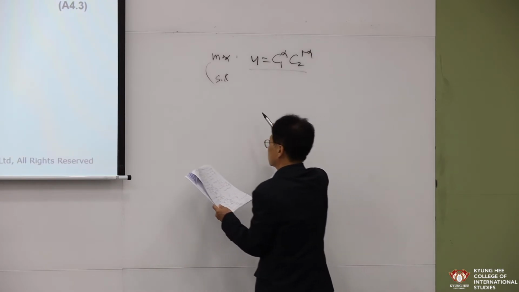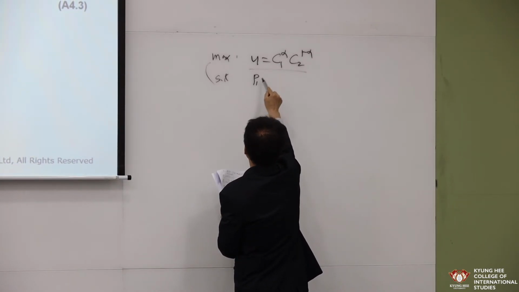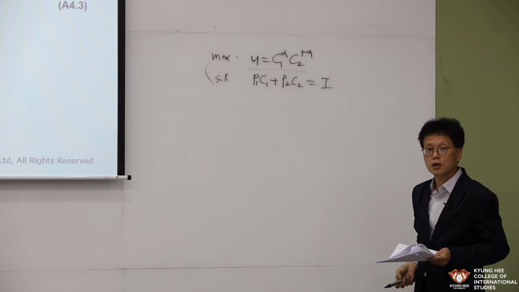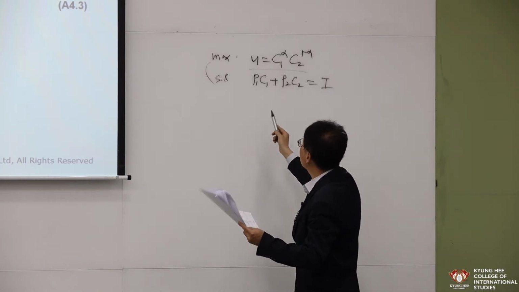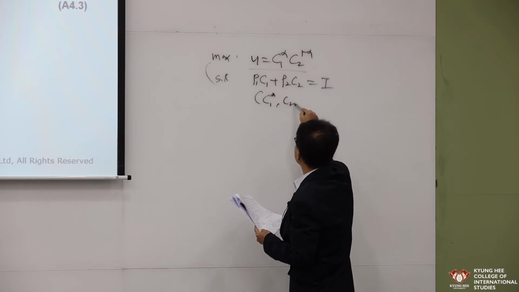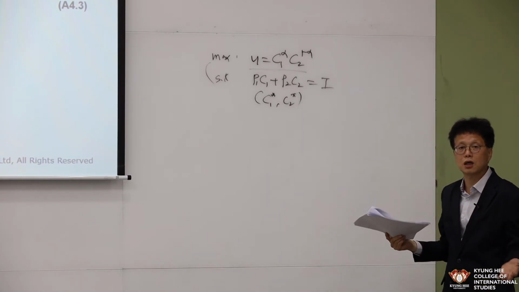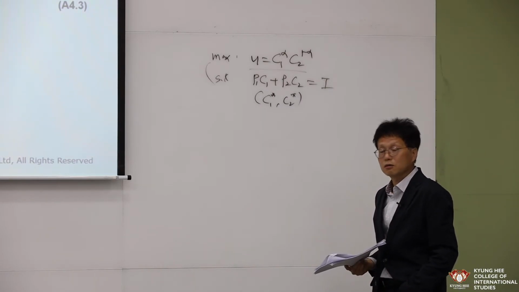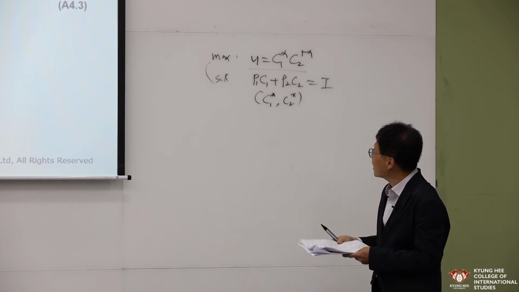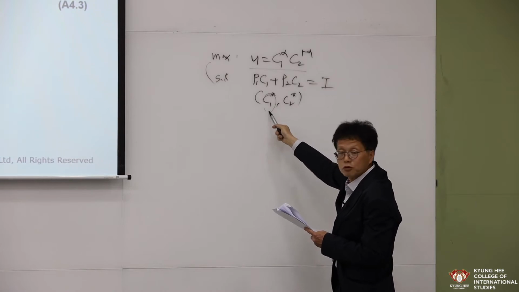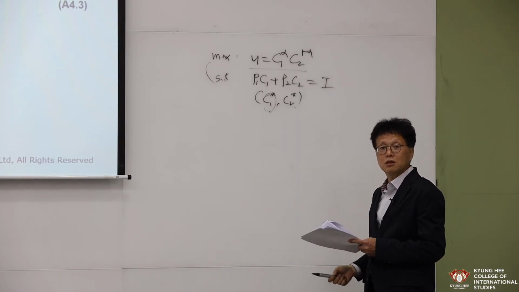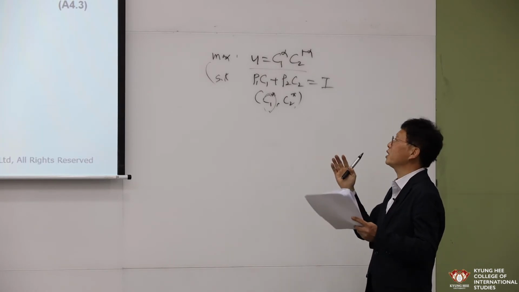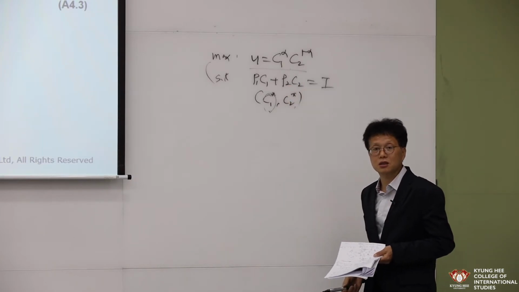The budget constraint, everybody knows, is P1 C1 plus P2 C2 equal to income, right? And from here we found the optimal consumption bundle, C1 star and C2 star, under the condition that MRS is equal to the slope of the budget constraint. So using this one, we can derive demand for good 1 and demand for good 2 mathematically when the utility function is like this.